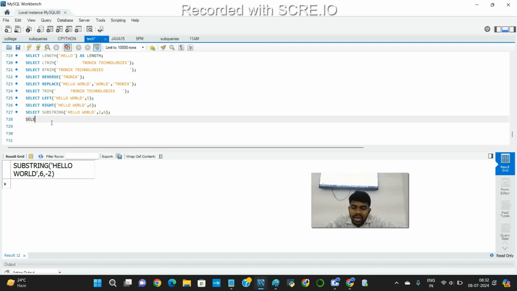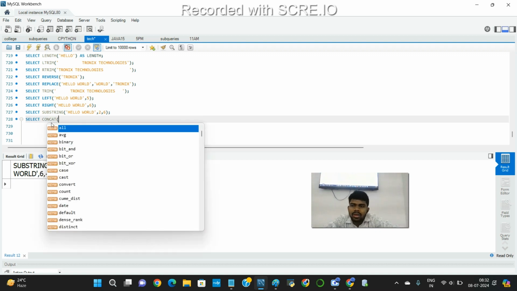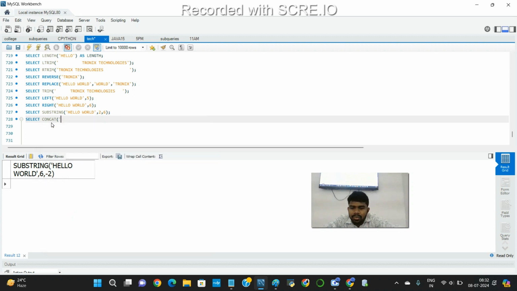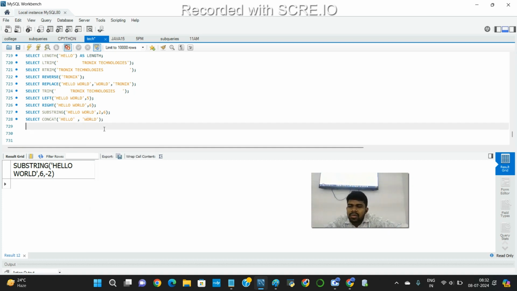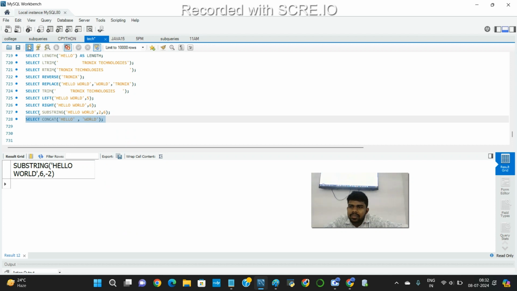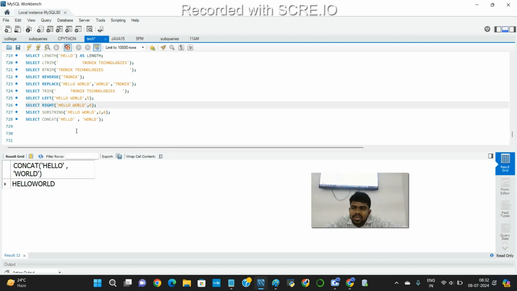Now we will discuss the concatenate function. Select CONCAT. It is used to add strings. For example, there is hello and world. I want to add both strings. Yes, the resultant string is hello world.